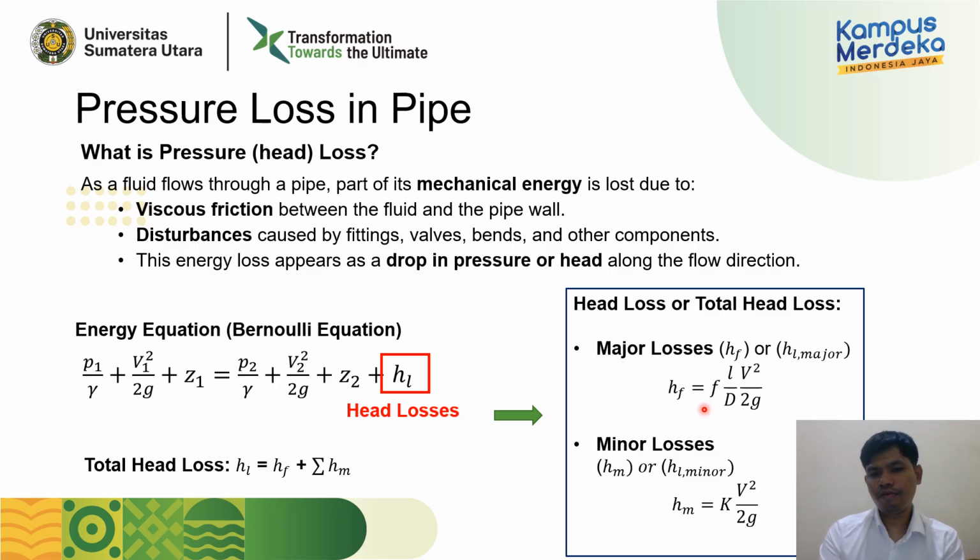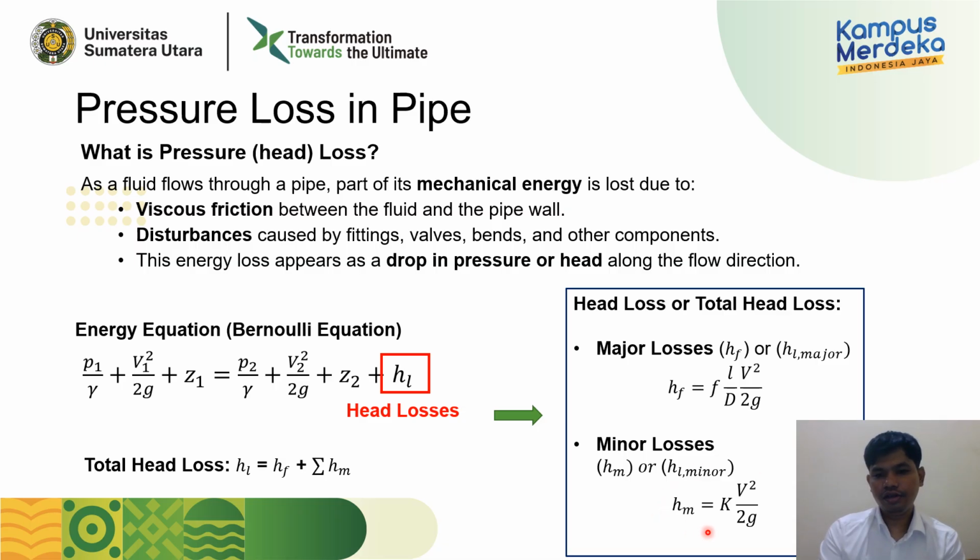the friction factor, the length of the pipe, the diameter of the pipe, and the velocity and gravitational acceleration. And with minor losses, we don't need to calculate the friction because normally we get the minor losses from fittings, valves, or bends.